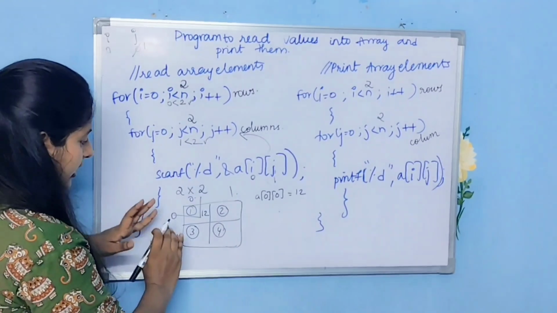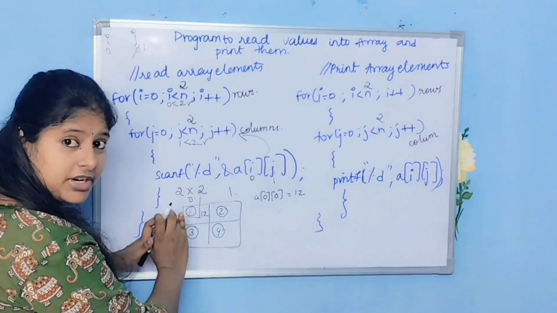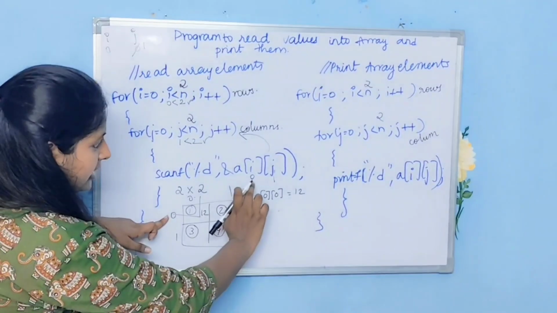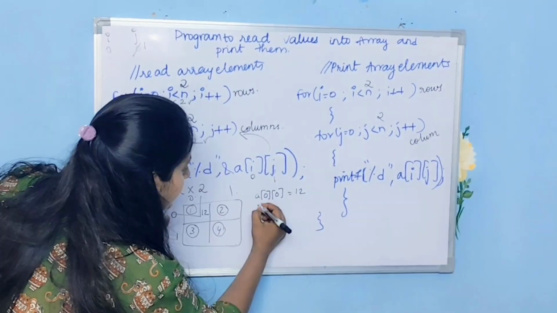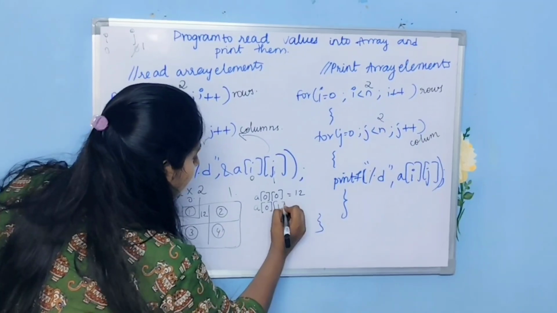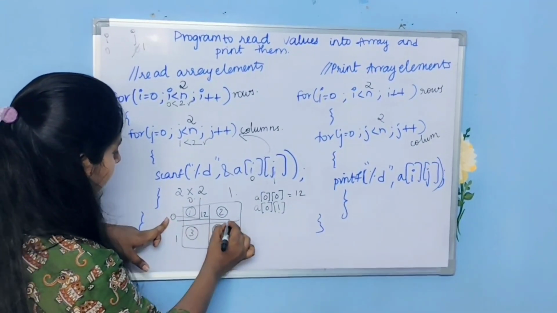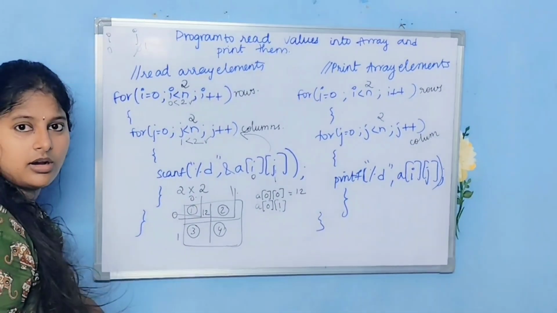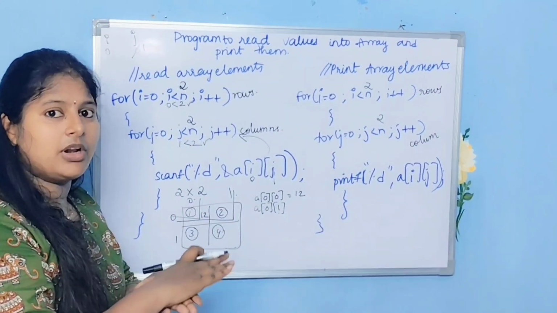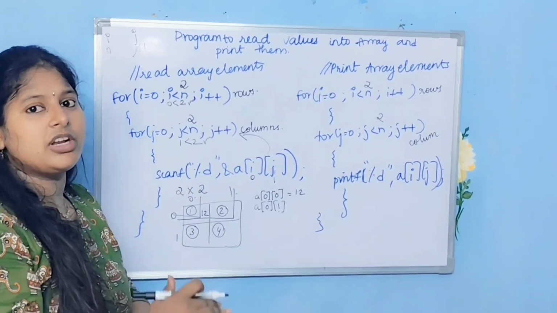What did I tell you? Only after completion of the first complete row will I go to the second row. That means 0 was executed for this. Afterwards, a of 0 and what is the j value? a of 1. That means this executes after this one. First, a of i is for the outer loop; j is for the inner loop.